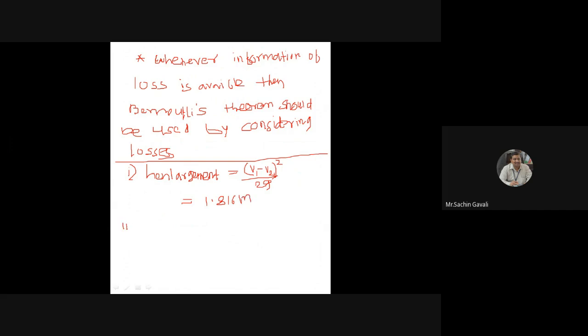Second, we have to use Bernoulli's theorem with losses. There are two pipes: the smaller pipe is enlarged, and this second pipe is there. So section 2 means pipe 2 we will consider, and section 1 means pipe 1.